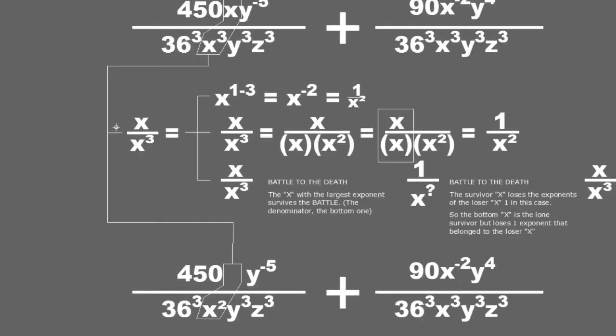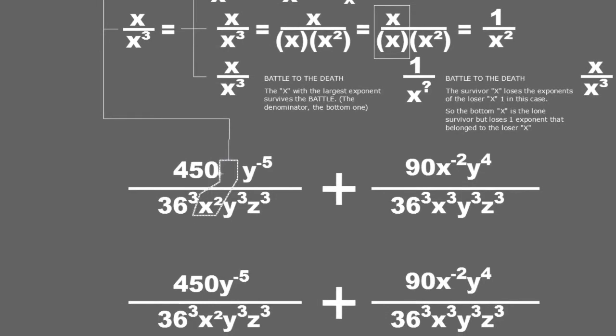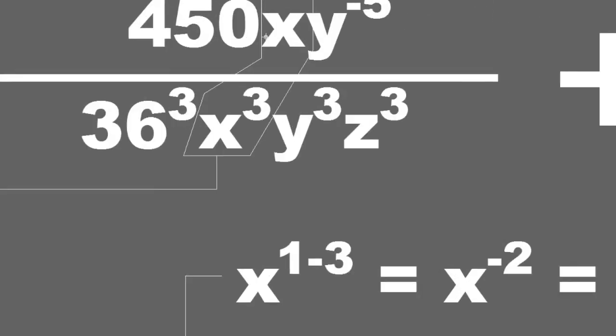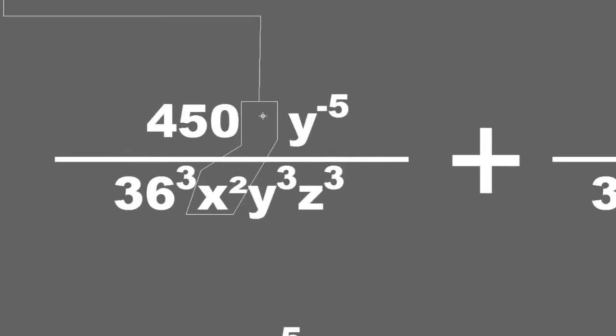So after all of that discussion, the conclusion is that x divided by x cubed just equals 1 divided by x squared. And I place that here. Instead of having x divided by x cubed, I put 1 divided by x squared. But as you can see, I don't have the 1 in here because it is not necessary.